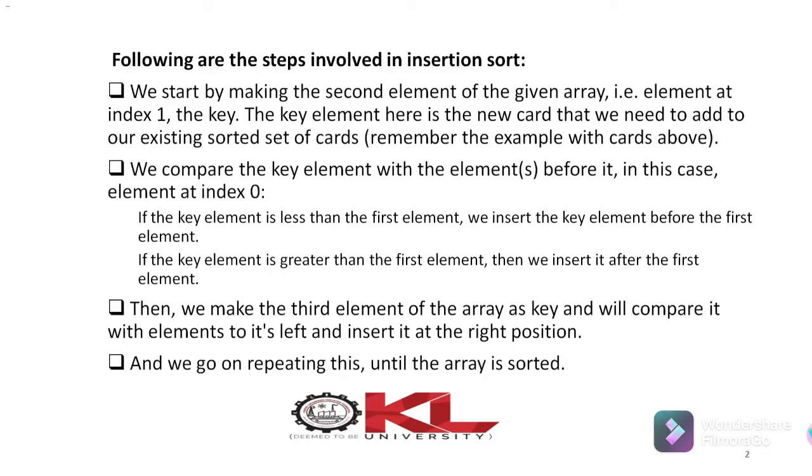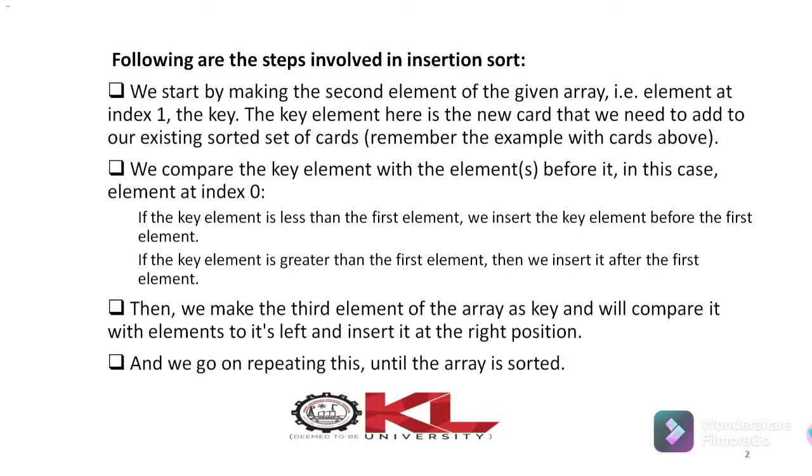So we repeat the process, and that leads to producing the sorted list. If you see the text here, we are taking the second element as the key element, and the key is compared with the previous element. It's like when you are playing cards and you want to arrange those playing cards in sorted order.